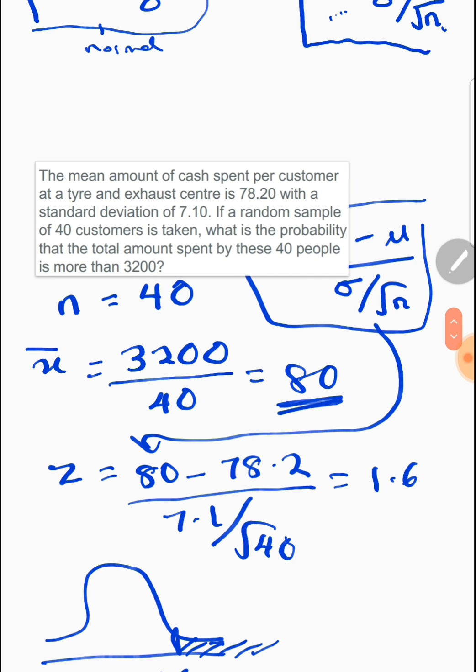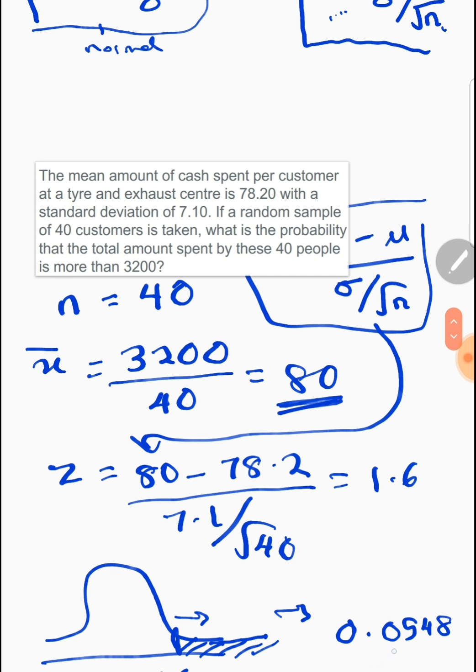A 3,200 amount spent basically translates into a z value of more than 1.6. From here you look at your table, in which the area is shaded towards the right hand side, which should give you about 0.0548. You might want to verify that.